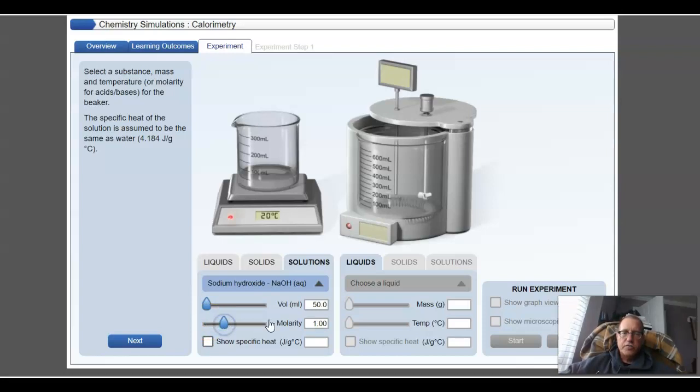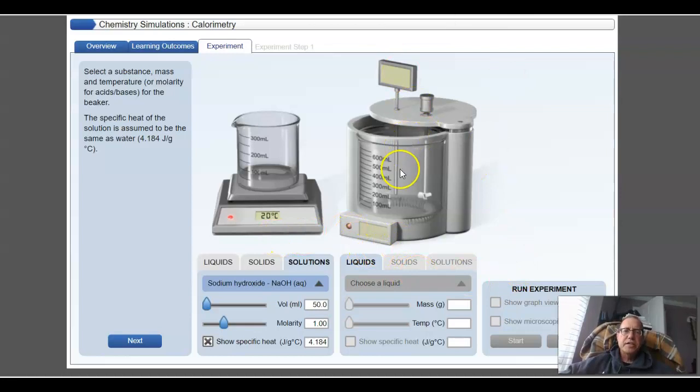So you slide it over to 1 molarity. Now you can show specific heat, like you can see it's water. All right, specific heat of water there, because we're talking about the solution. All right, so 20 degrees, all right, we'll say that's our initial temperature.